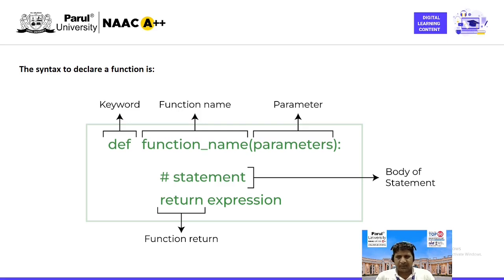It means the function executes the statements and then generates an output, and the return statement returns the output outside of the function body. This is the syntax for declaring a user defined function.